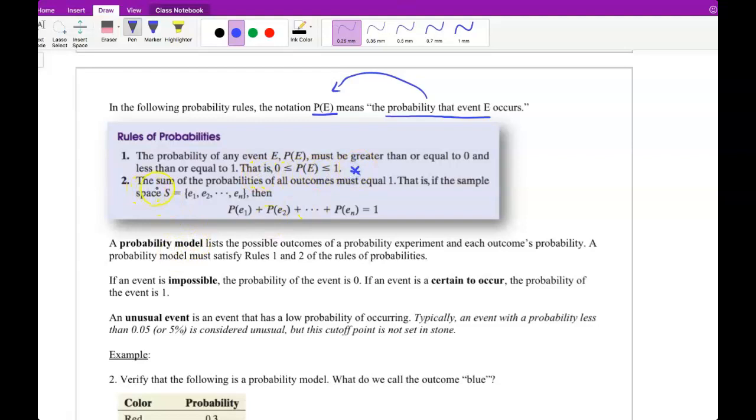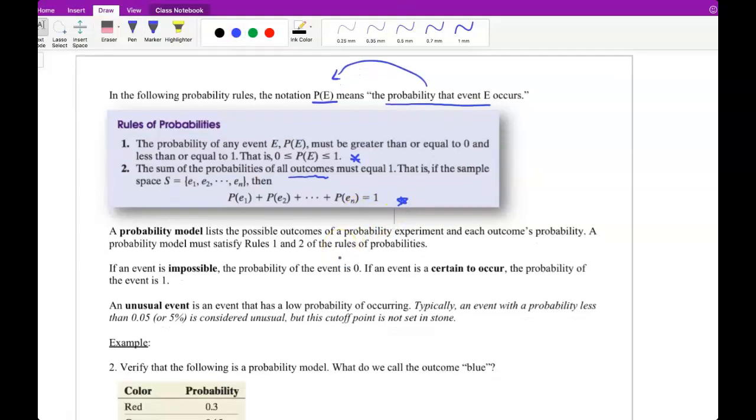Number 2, the sum of probabilities of all outcomes. So how many outcomes do we have in one sample space? All those outcomes, the probabilities of those outcomes must sum to 1. See, here I have E1, the first event, then the second event, and up to the nth event. So finding the probability of each one and adding all these, the answer should be equal to 1.